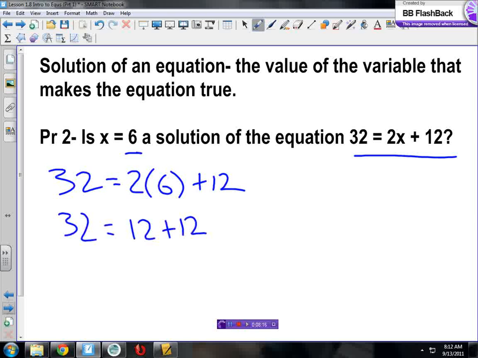Now we have 12 plus 12. 12 plus 12 is 24. Colton, is that true or false? False. Because they're asking, is x equals 6 a solution? No. This is a no. Not a solution.